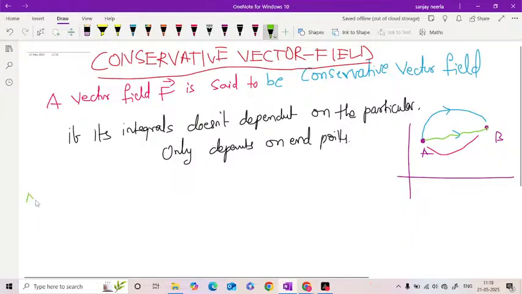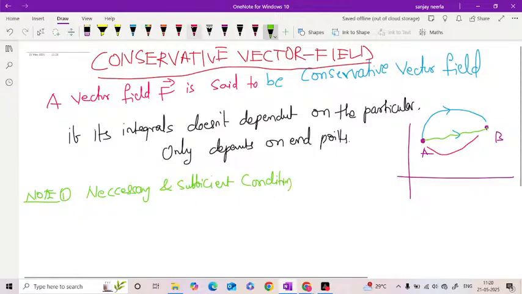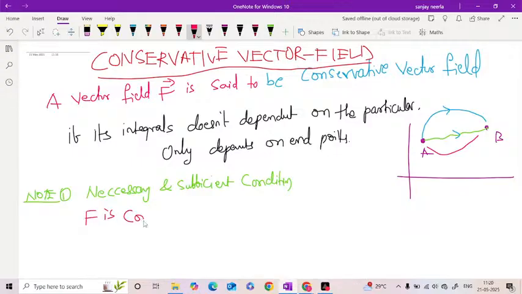Note number 1: the necessary and sufficient condition is that F is a conservative field if and only if curl F must be 0.